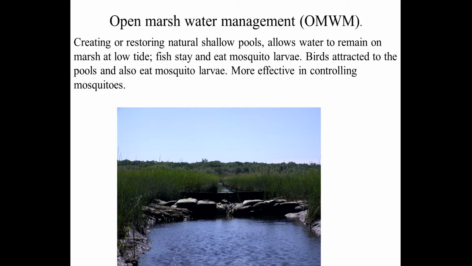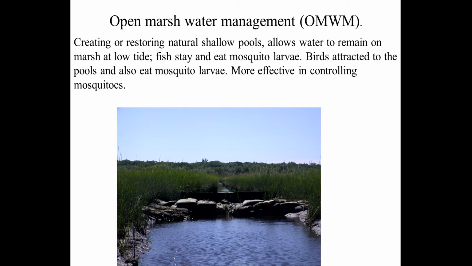And the idea here is quite the opposite. Let's actually make pools and keep pools on the surface of the marsh. They're using sandbags here. There are various ways of doing that to prevent the water from draining out all the way. Keep the pools, because the killifish will stay here, and the killifish will eat the mosquito larvae.